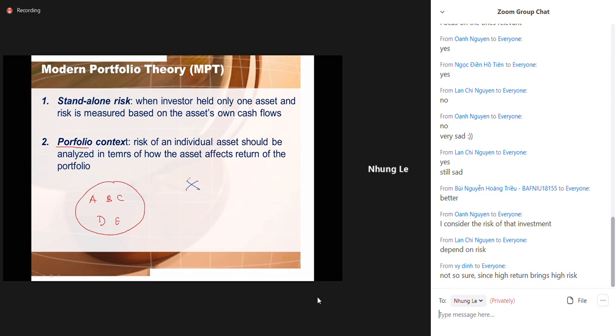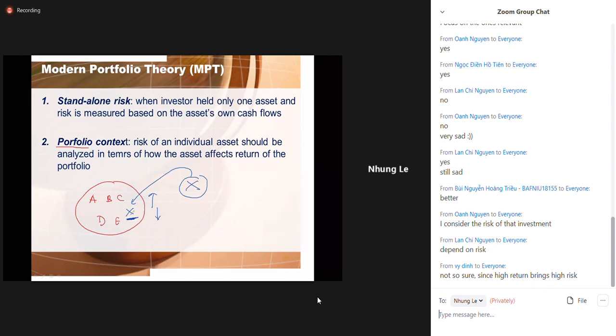We don't look at this one solely, but think about it: if we put that asset in our portfolio, how does it contribute to the portfolio risk? Does it make the portfolio risk increase, or does it reduce the portfolio risk? That's why here we consider the risk of one investment in the portfolio context.